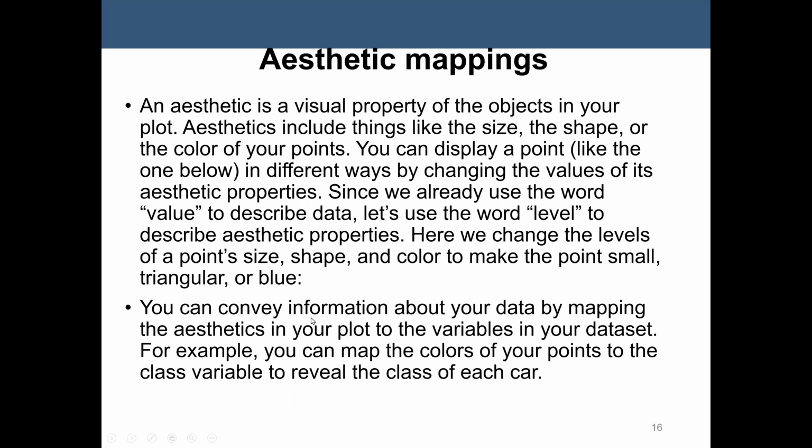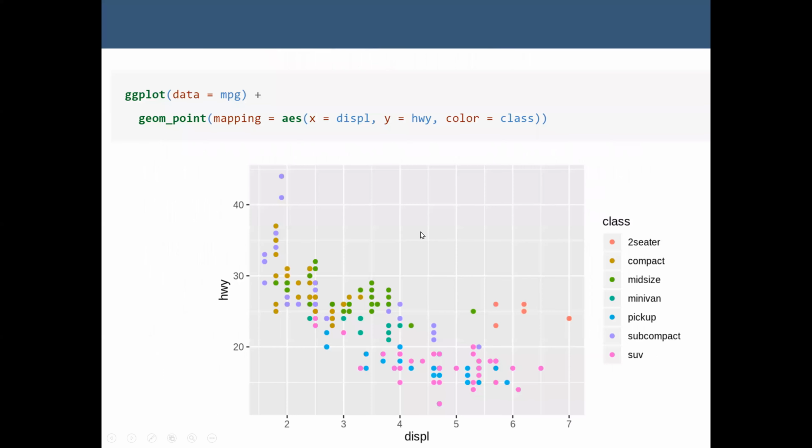Now we can convey information about the data by mapping the aesthetics in our plot to the variables in our data set. So for example, you can map the colors of your points to the class variable to reveal the class of each car. So this is the example here.